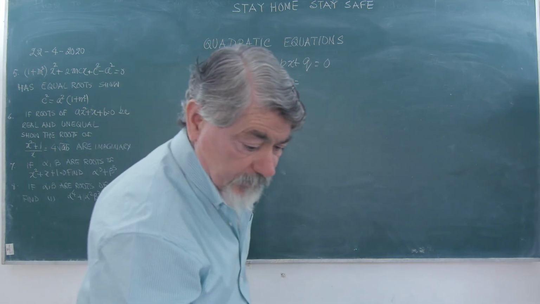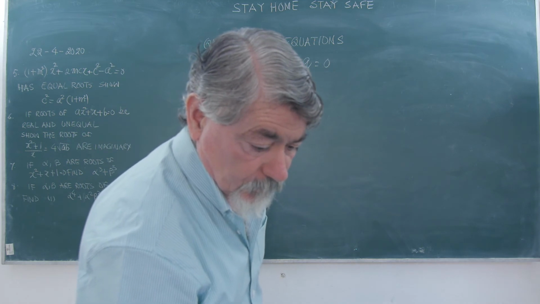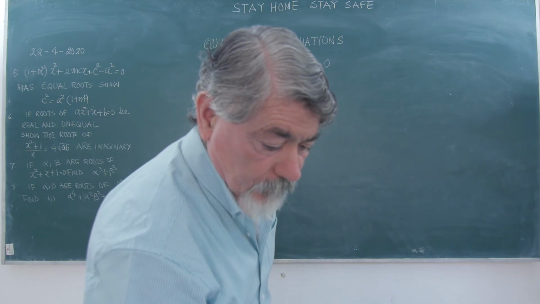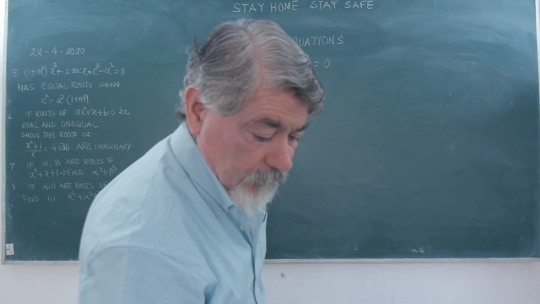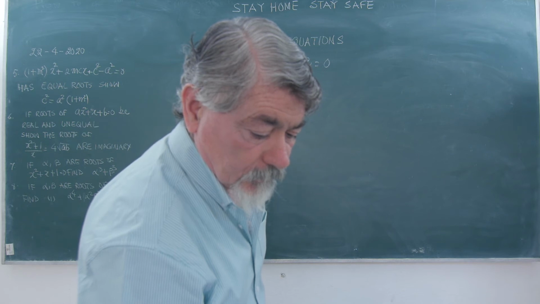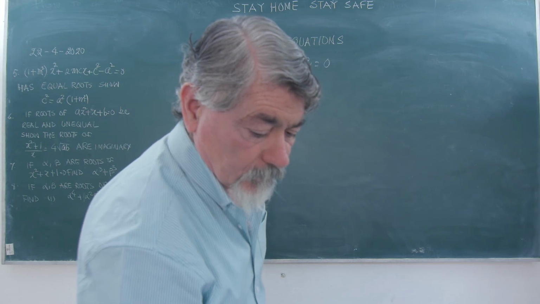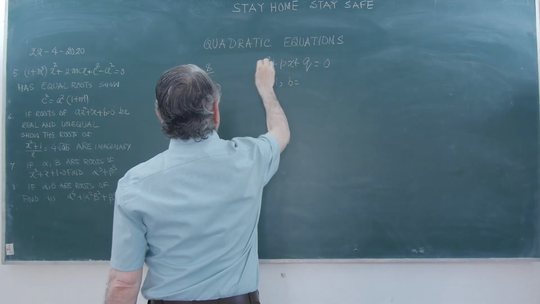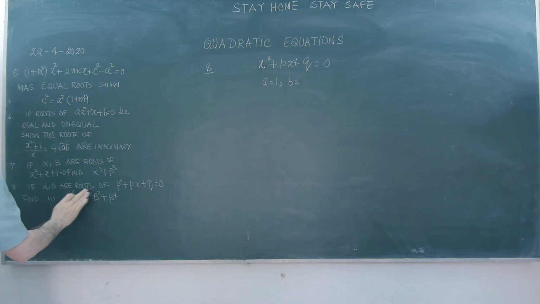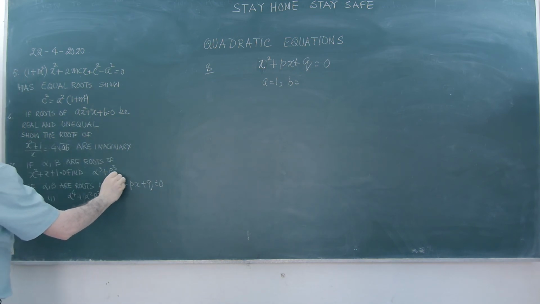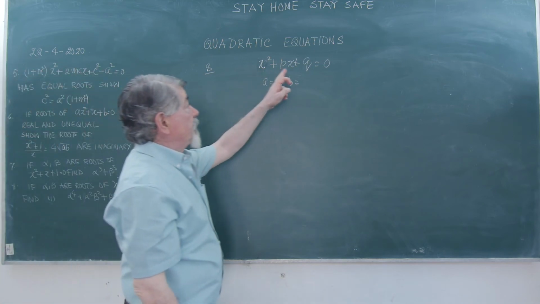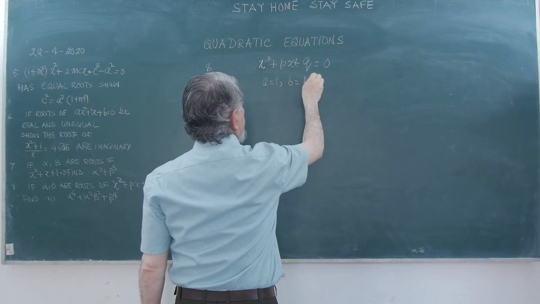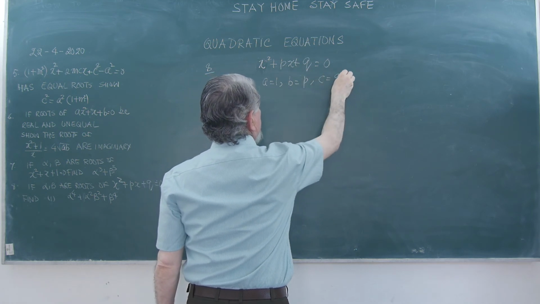Sorry, the question is wrong. It is x square, not p square. It is x square plus px plus q is equal to 0. So a is 1, b is p, and c is q.